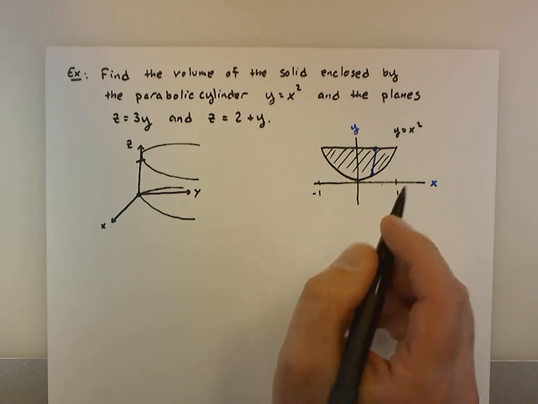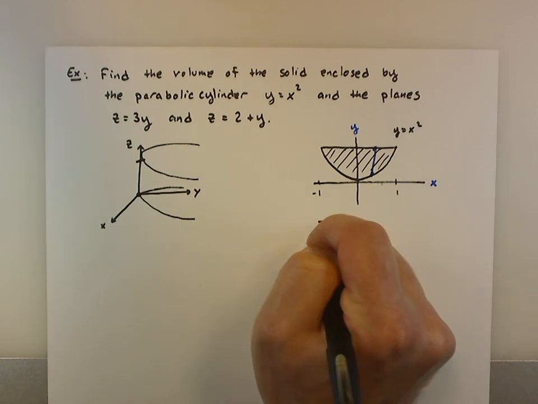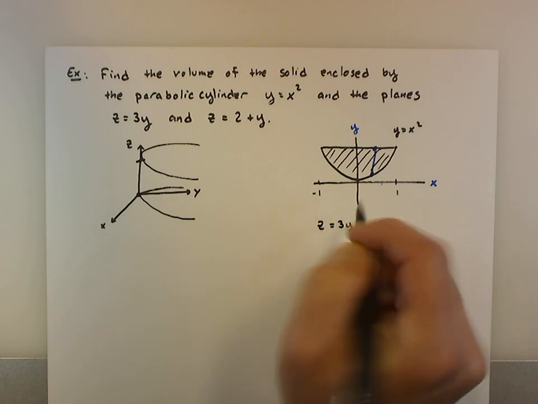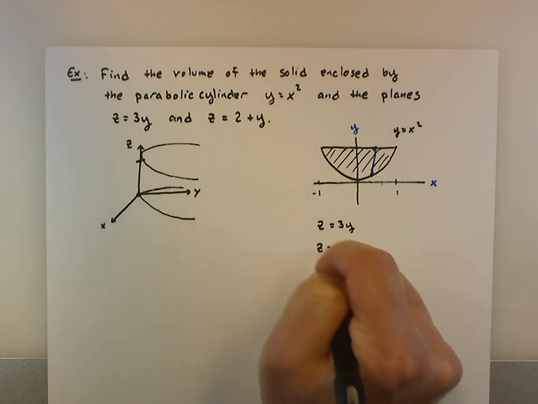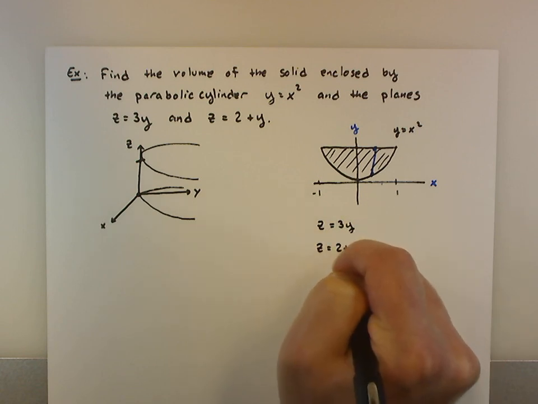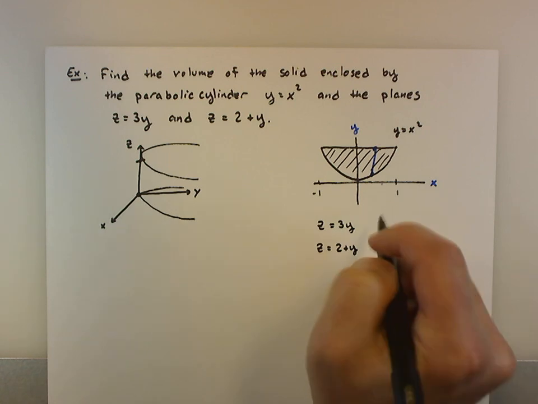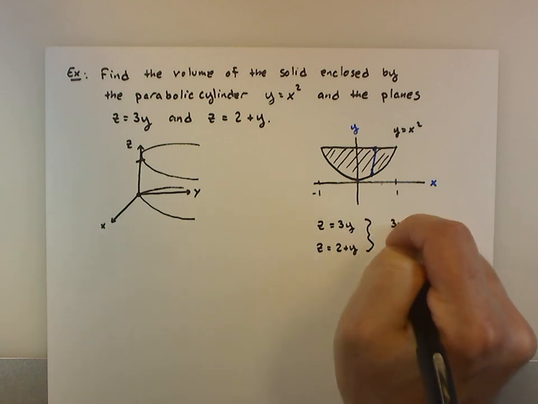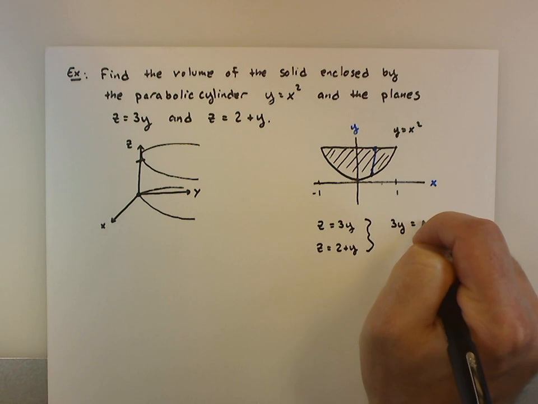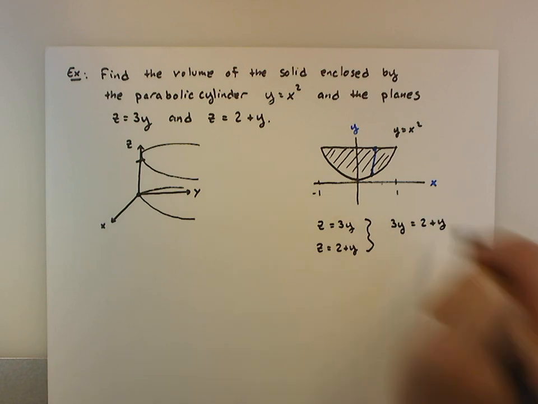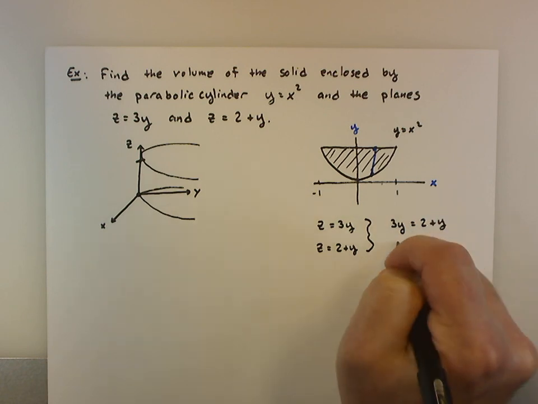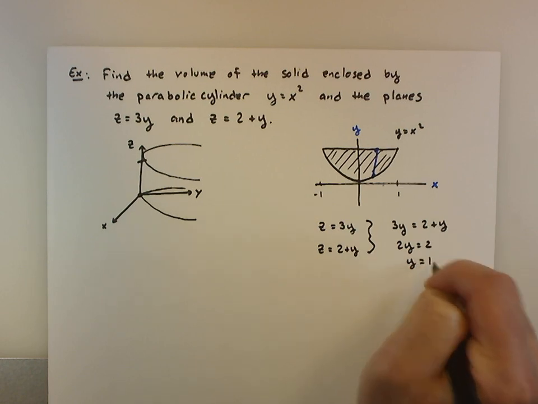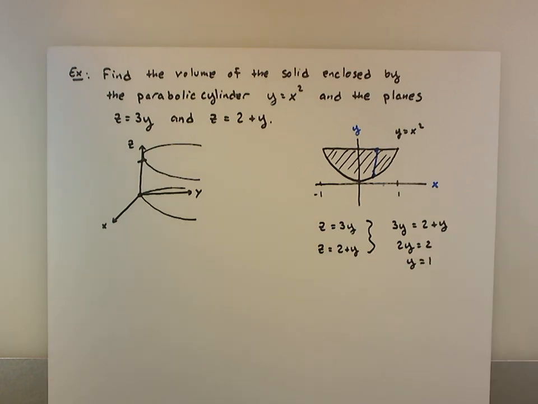So I'm looking for where z is equal to 3y and z is equal to 2 plus y intersect. If I solve this system of equations, I get 3y is equal to 2 plus y. So 2y is equal to 2, which means y is equal to 1.